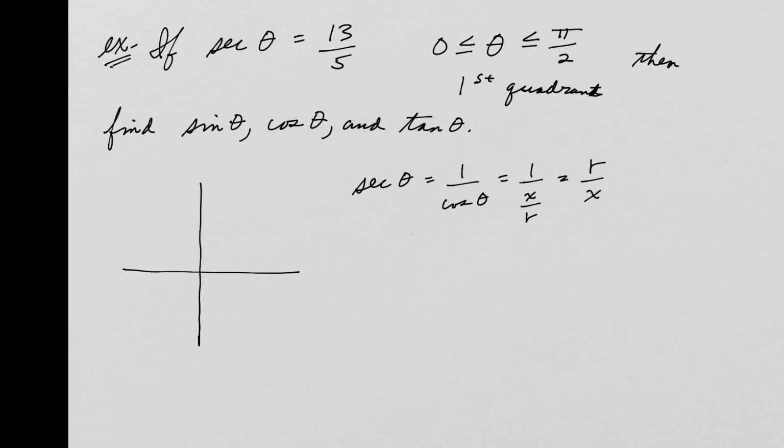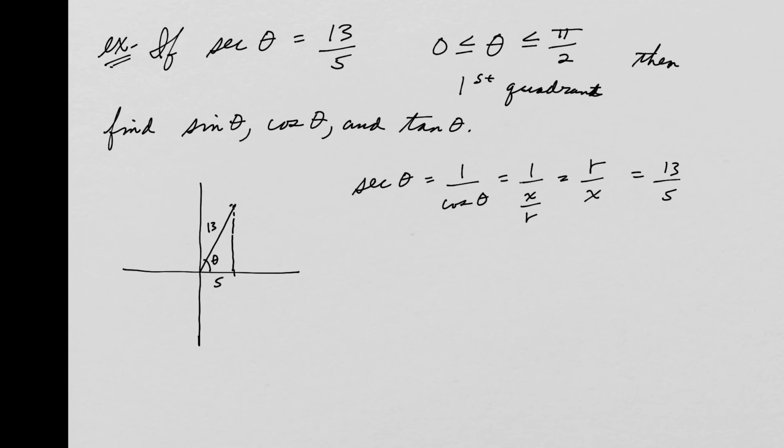So it looks like my r is 13 and my x is 5. So in this case, say that's 5, r would be like this. So this is the angle theta, this is 5, and this is 13.